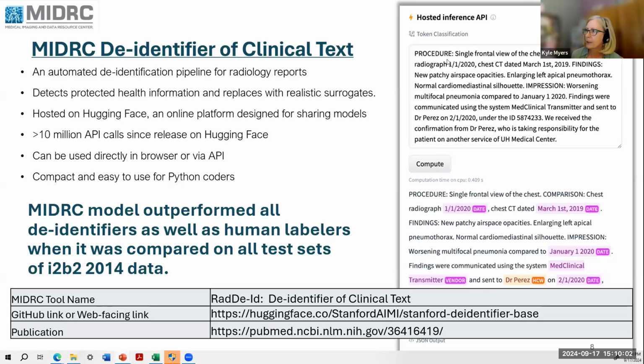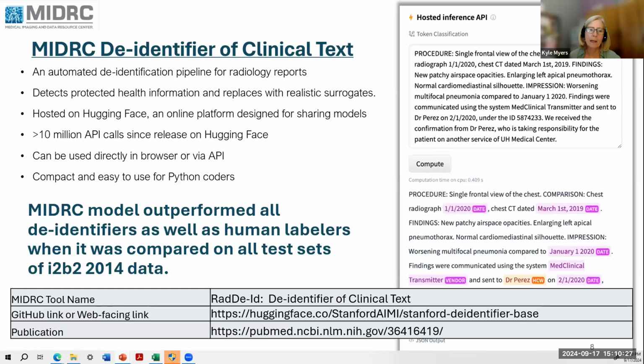You can see an example here of an original report and the output of the de-identification software. Most of my slides will also have a gray box like this one to give you the opportunity to find this tool readily, identifying the MIDRC tool name, where you can find it on our GitHub link, or where else you might find it on a web-facing link, and a companion publication.